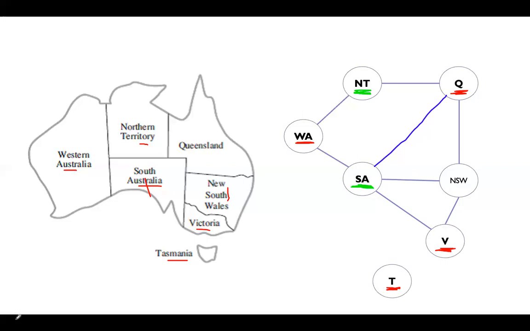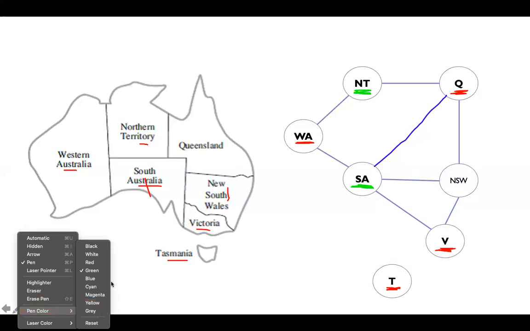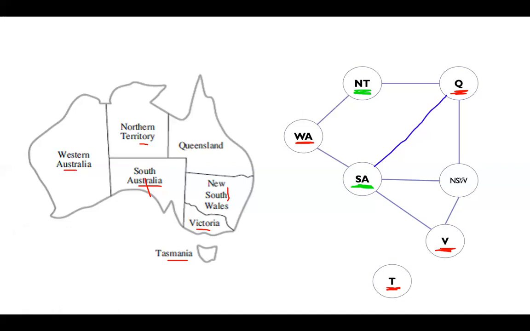So 2 colors over, and one more color. I will assign one more color to this vertex, that is yellow. So this map can be colored using minimum 3 colors.